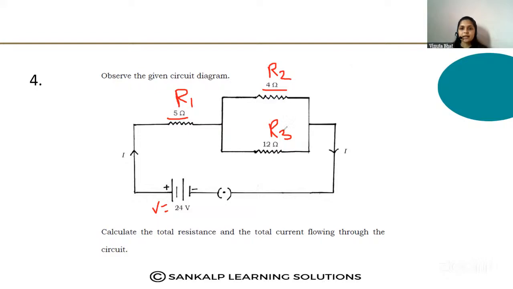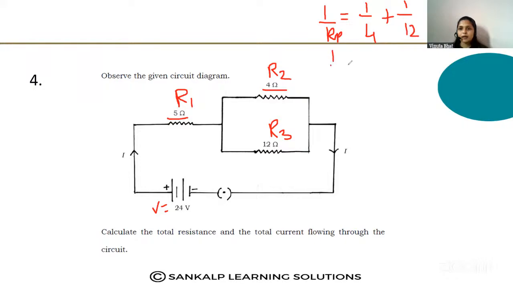If it is connected in parallel, what is the formula? 1 by Rp is equal to 1 by R1 plus 1 by R2, so you have to apply that formula here. 1 by Rp is equal to 1 by 4 plus 1 by 12.